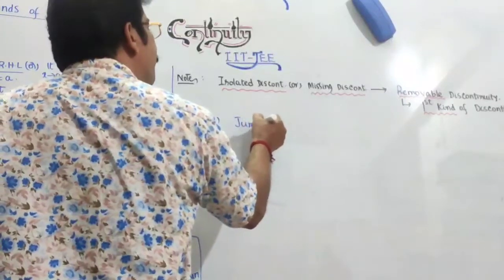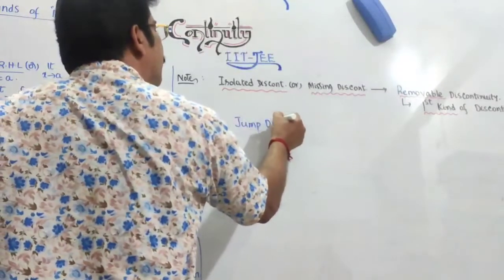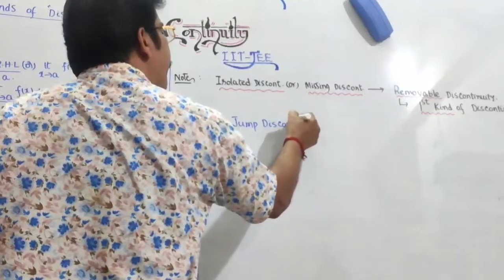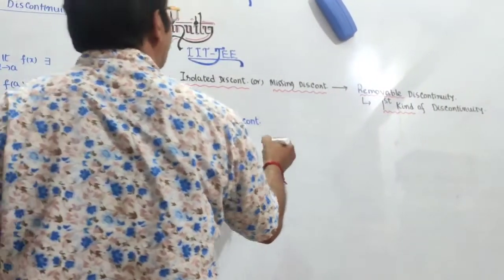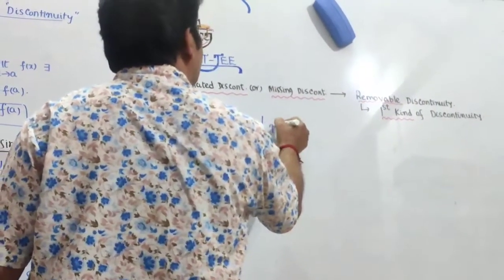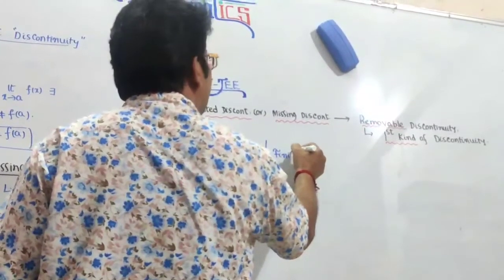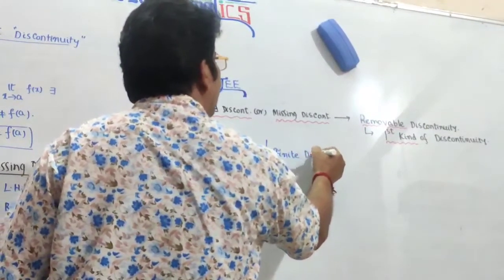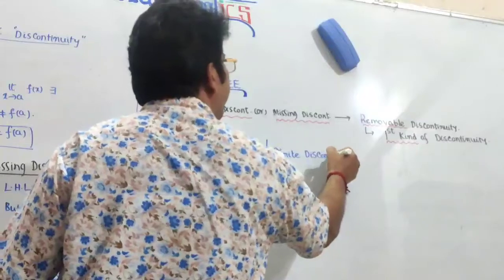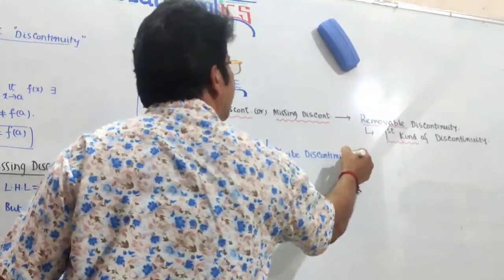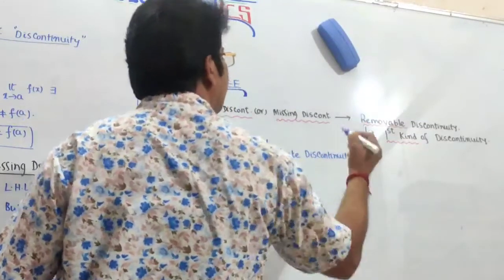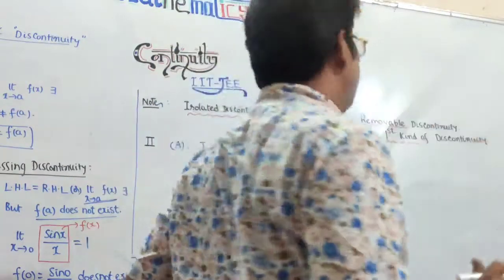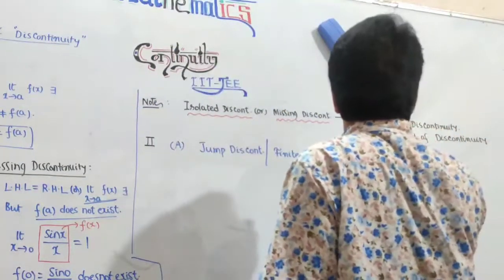Jump discontinuity, or it is called finite discontinuity. Finite discontinuity. What is the definition? It is a simple definition.